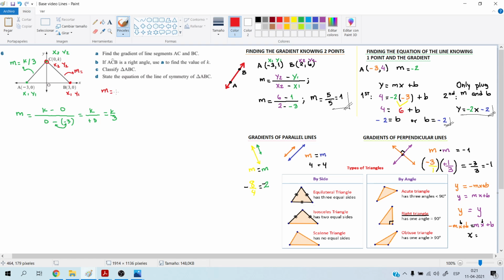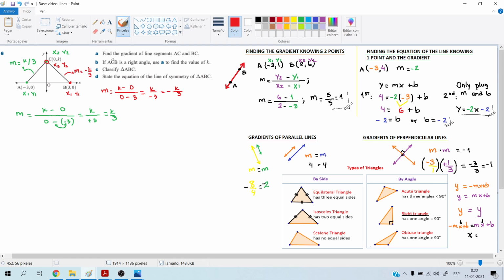The gradient of the red line goes like this: y2, k minus y1, 0, over x2, 0, minus x1, 3. So it's just k over minus 3, or minus k over 3, because it's going to give you the same answer in the end. So the gradient of the red line is minus k over 3. That's it. That's part A.